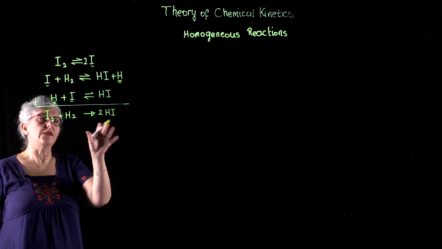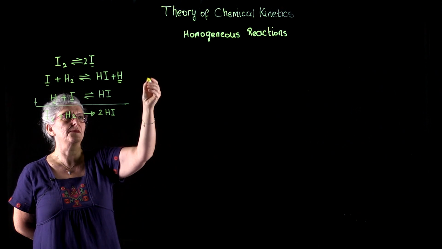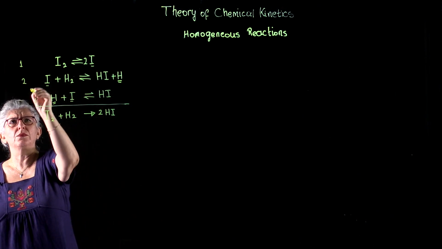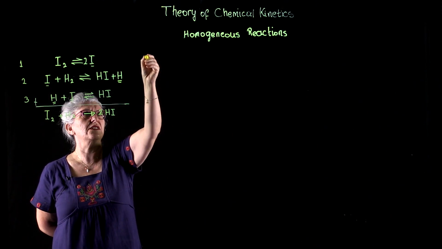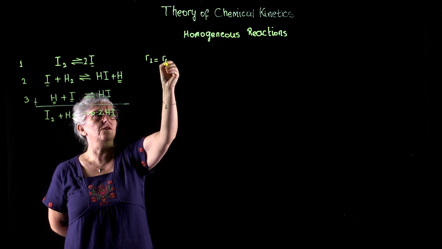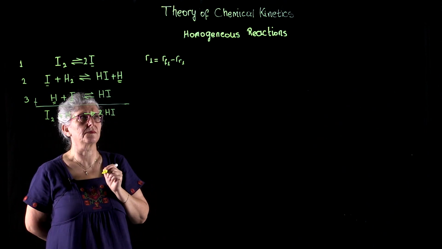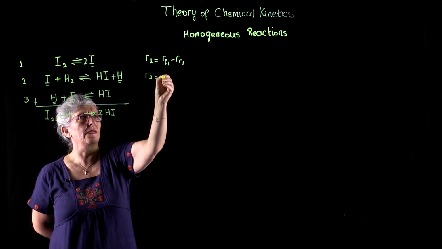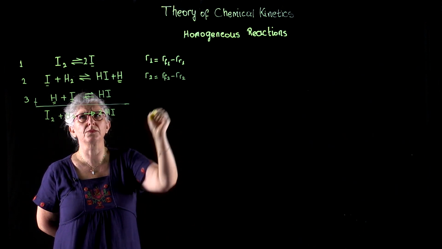Now let's move forward and write what their rates might be. I will call these reactions 1, 2, and 3. And the rate of this reaction will be rate forward 1 minus rate reverse 1. Similarly, the rate of the second reaction will be rate forward 2 minus rate reverse 2.